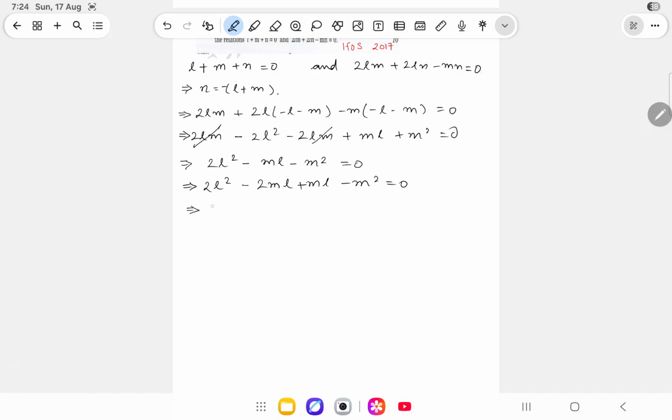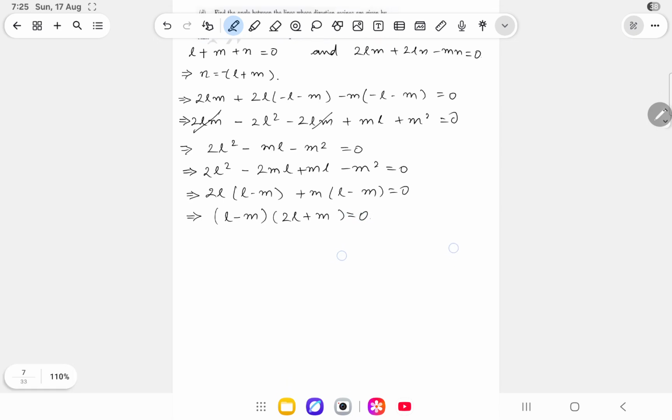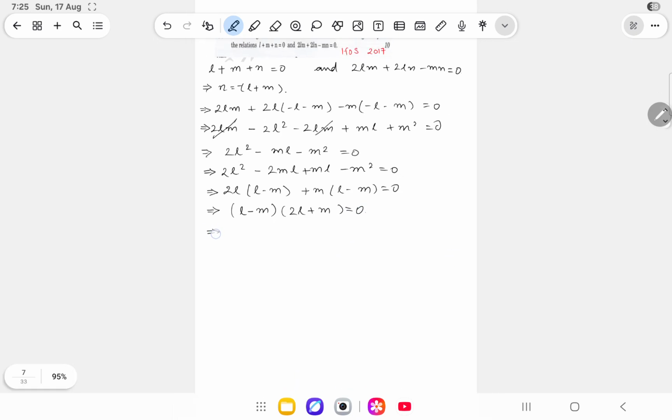If we simplify it, 2L into L minus M plus M into L minus M equals 0, then L minus M into 2L plus M equals 0. So this implies L equals M or M equals minus 2L.